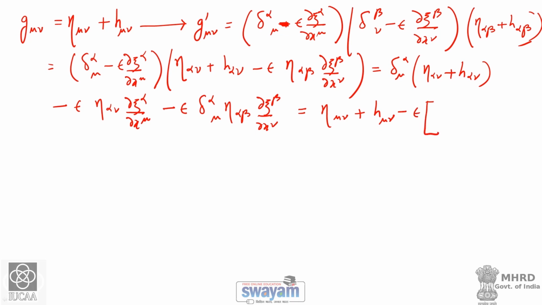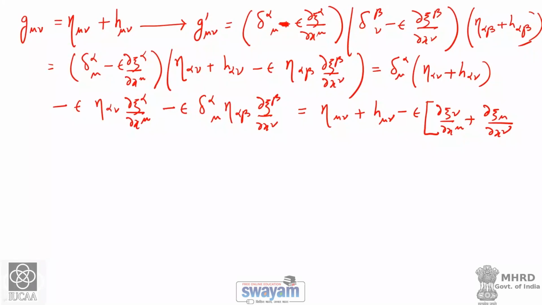Alpha gets lowered to ν, so I get ∂ξ_ν/∂x^μ, plus here you can see that this becomes η_αβ, ξ^β becomes ξ_α lower, but ξ_α lower with the Kronecker delta contracted becomes ∂ξ_μ/∂x^ν.